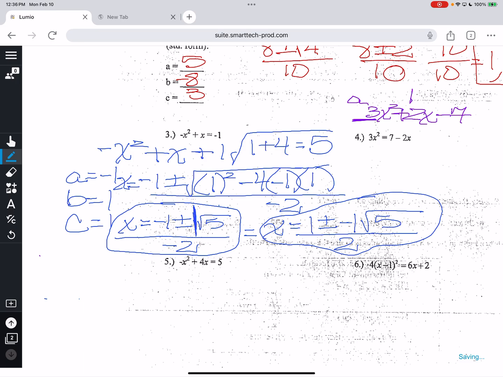What's B? +2. And what is C? -7. So A is 3, B is +2, and C is -7.